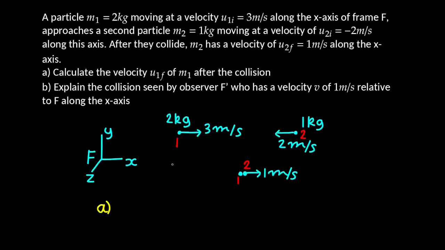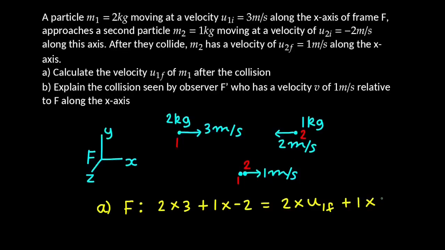So to do that, according to an observer in frame F, we apply the conservation of linear momentum. So we have the mass of particle 1 by the velocity of particle 1 plus the mass of particle 2 by the velocity of particle 2. So these are the momenta before the collision. And after the collision, we have the mass of particle 1 by the unknown velocity of particle 1 plus the mass of particle 2 by the velocity of particle 2.